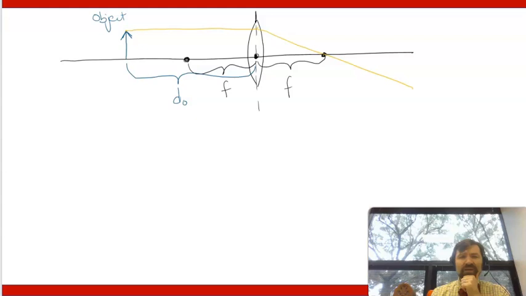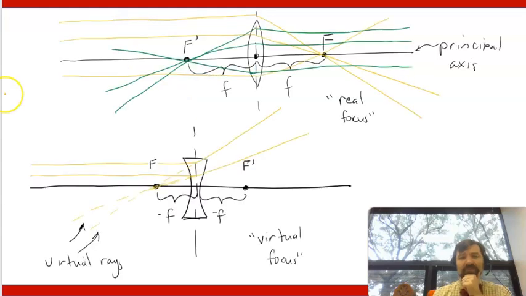The second ray is kind of like the reverse of what I've done here. I have this green ray, it goes through the focus, it hits here, and it passes out the other side parallel to the principal axis. Originally I drew it as a green ray going into the lens this way and then passing through the focus. It's reversible.